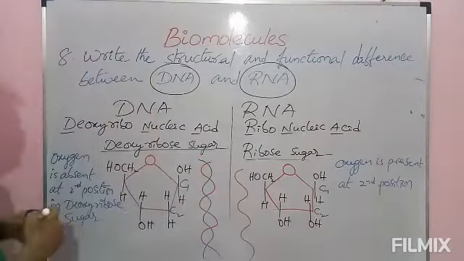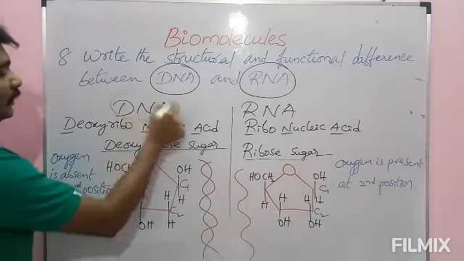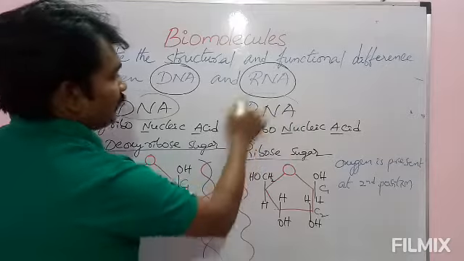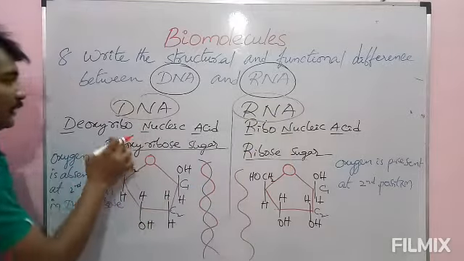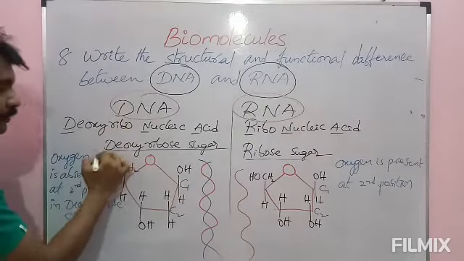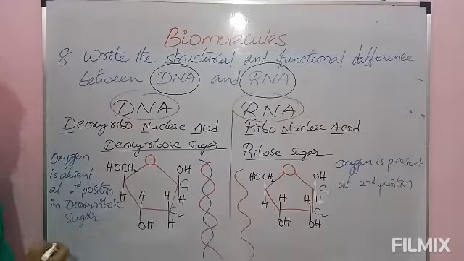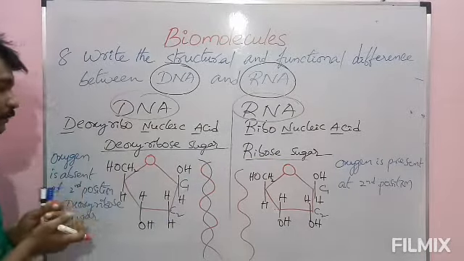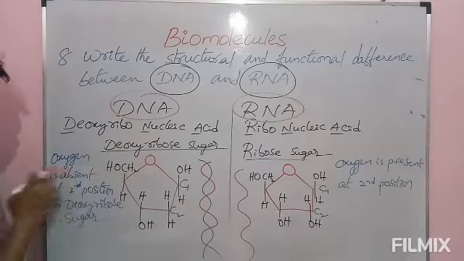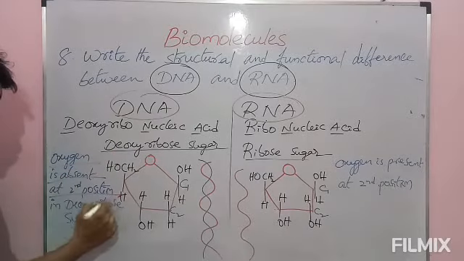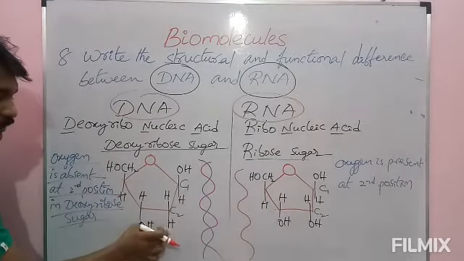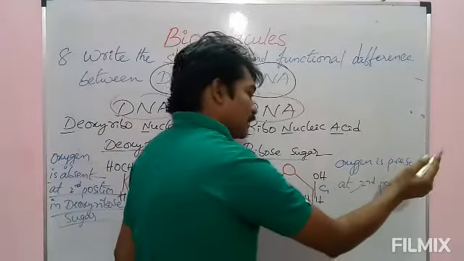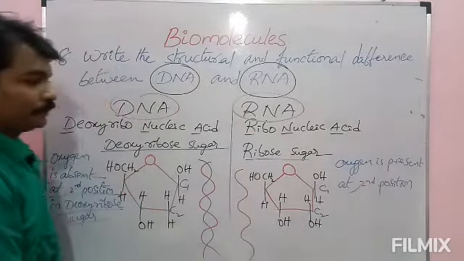Once again, check the differences between these two things. DNA, deoxyribonucleic acid. RNA, ribonucleic acid. DNA is made of deoxyribose sugar and RNA of ribose sugar. In deoxyribose sugar, oxygen is absent at the second position, and in ribose sugar, oxygen is present at the second position.